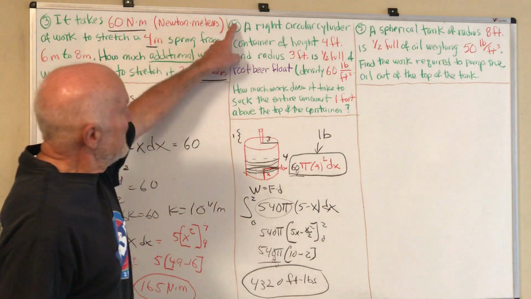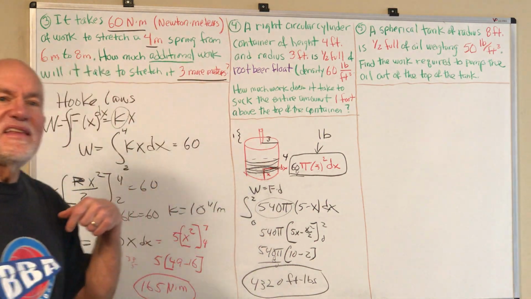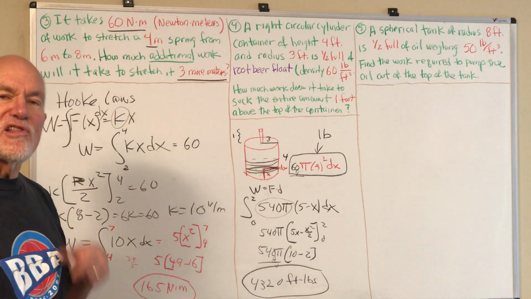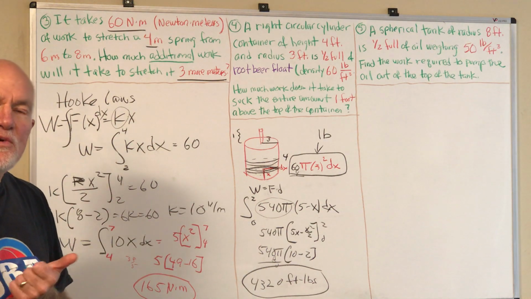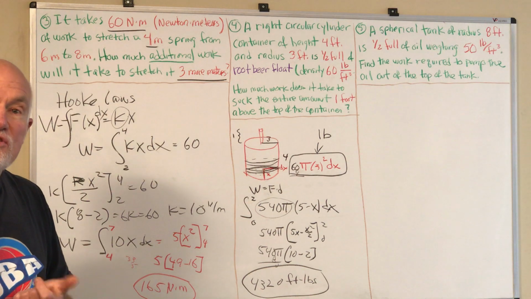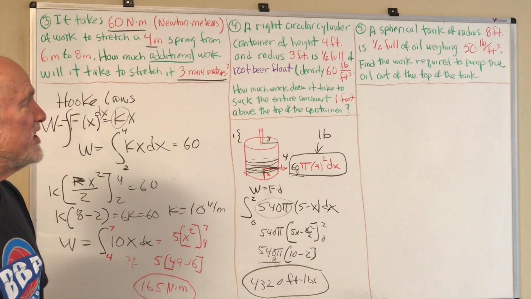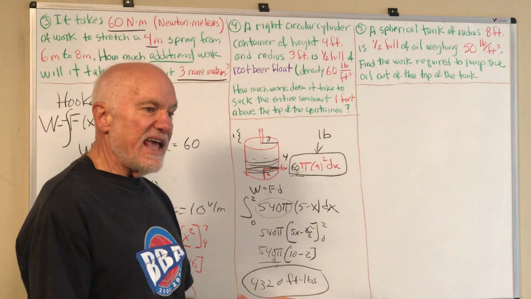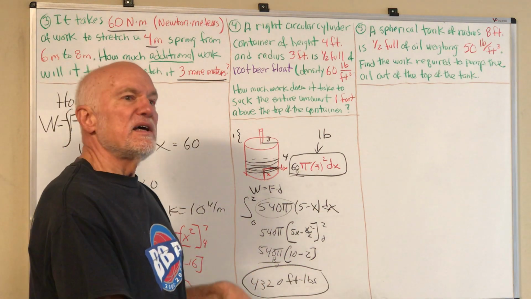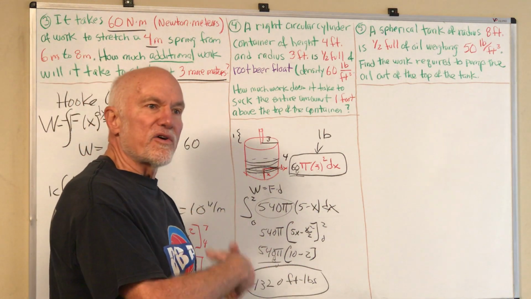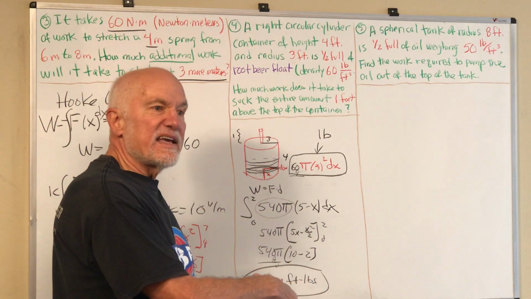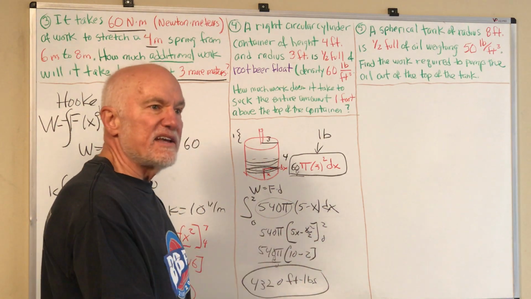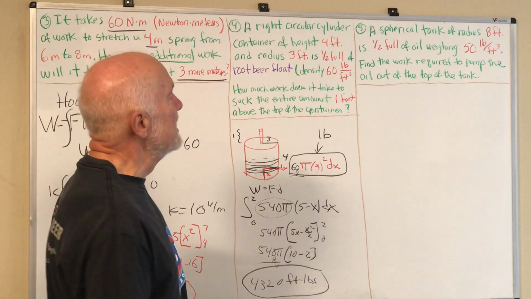Now, I'm going to try to do one that's analogous to this, but it's a little bit harder, and it's more like you would actually have in the real world, especially if you were a chemical engineer. And chemical engineers often have tanks that they have to move some type of oil or gas from one tank to another tank, or from a tank to some type of refinery.